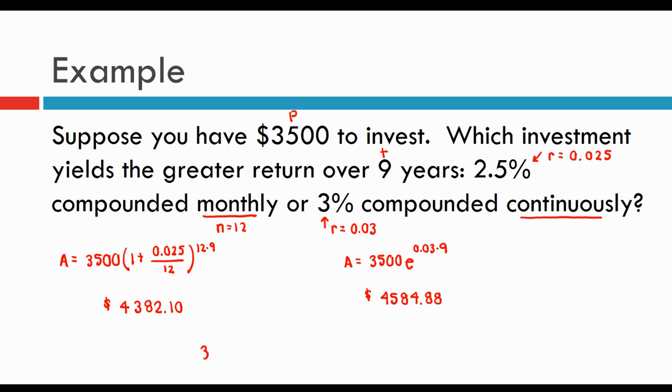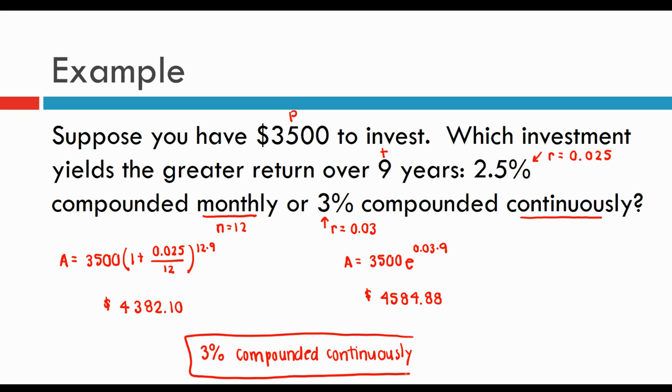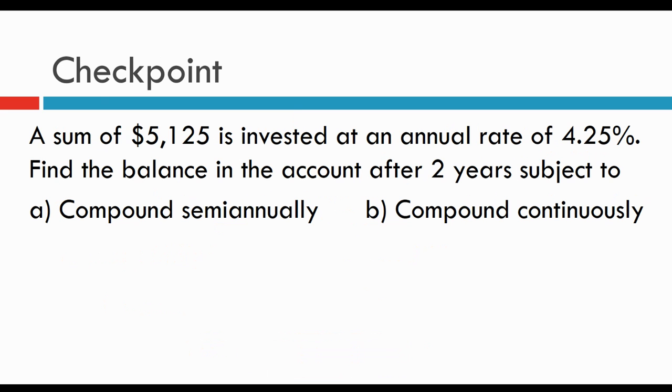It looks like this time it's going to be the 3% compounded continuously. All right, so once again, I showed my work for both of these. I showed what I was typing into my calculator before I came up with my answer. And that's what I expect you guys to do as well.